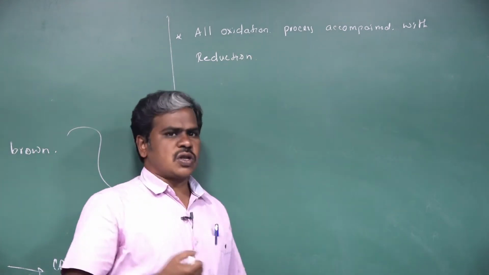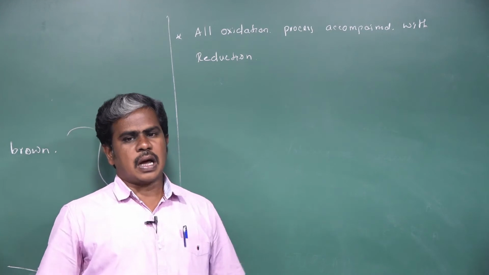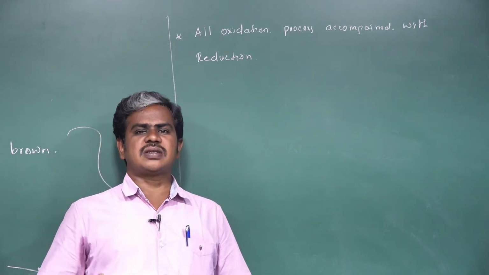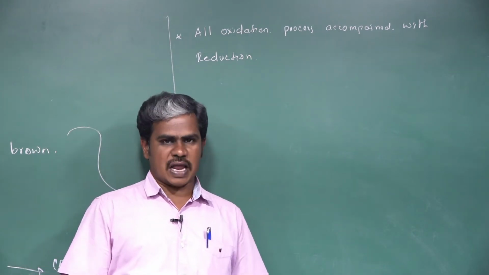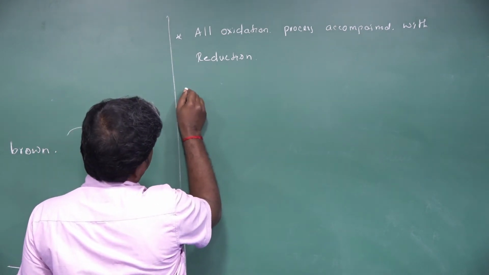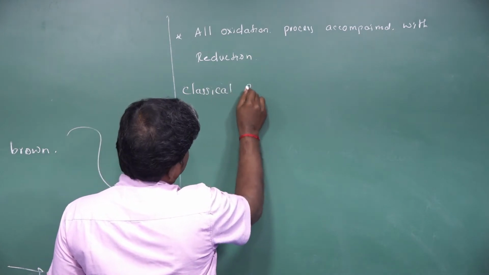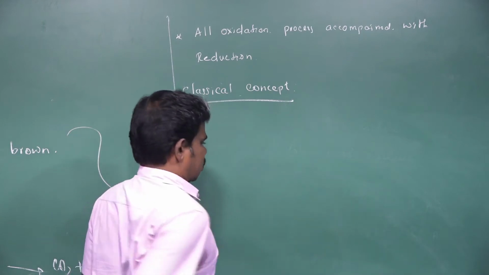So all oxidation processes are accompanied with a reduction process, and vice versa. If the reduction process takes place, oxidation also takes place simultaneously, so it is considered a redox reaction. Now, we may take the classical concepts of oxidation and reduction.